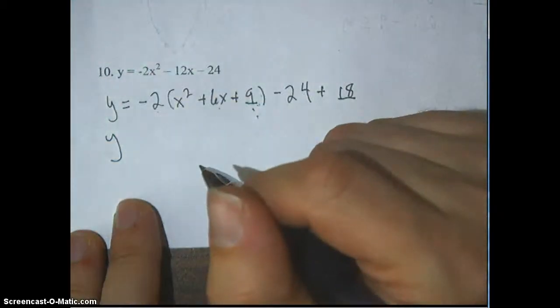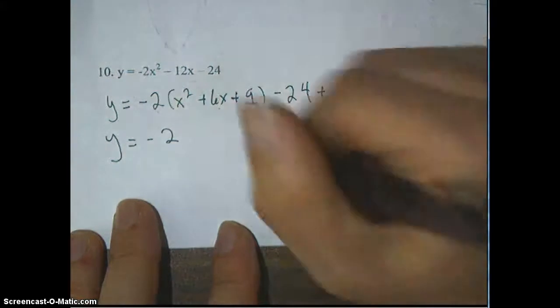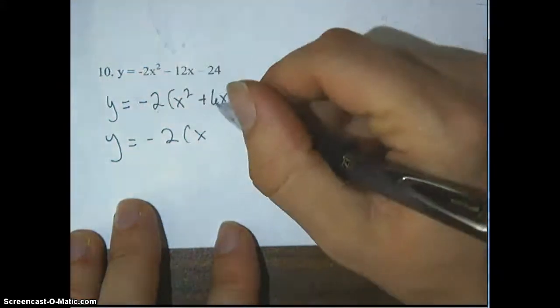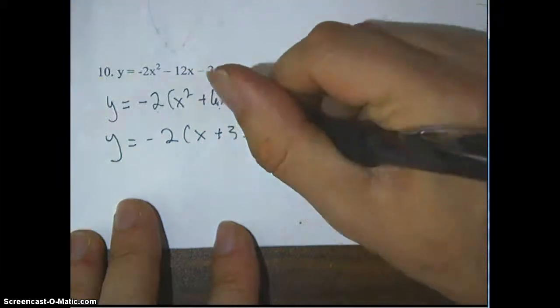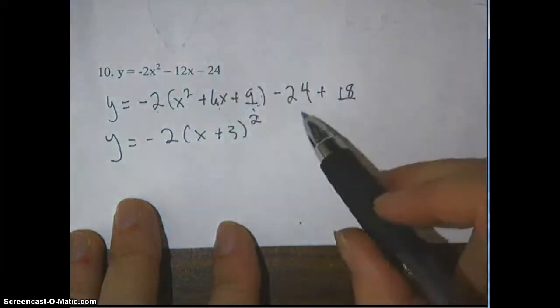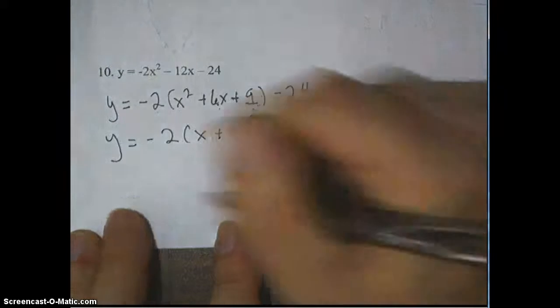So y equals, keep the negative 2. And we've got x, let's see, half of 6 is positive 3, (x plus 3) squared. Negative 24 plus 18 is negative 6. So I'm ready to write the vertex.